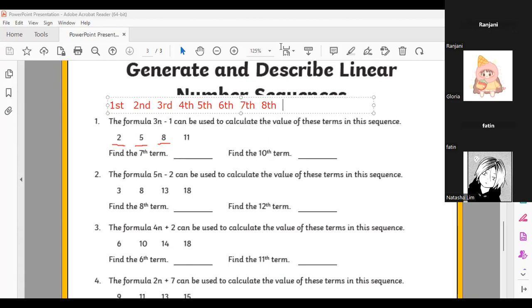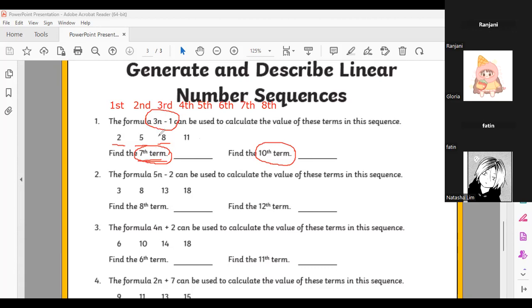So here, they want you to find the 7th term. They want you to find the 10th term. But you don't have to even look at this pattern. All you need to do is put that term into your formula.